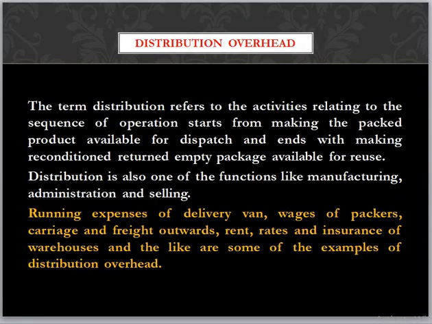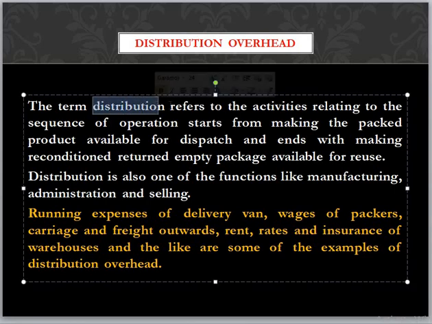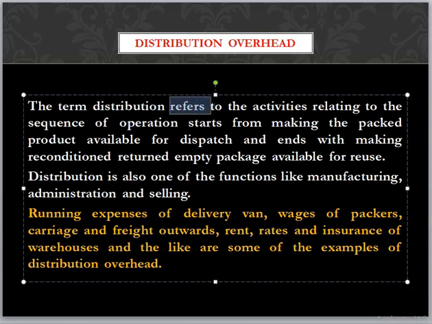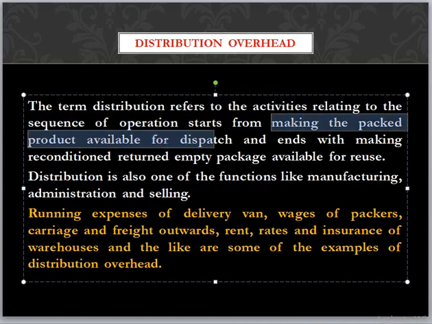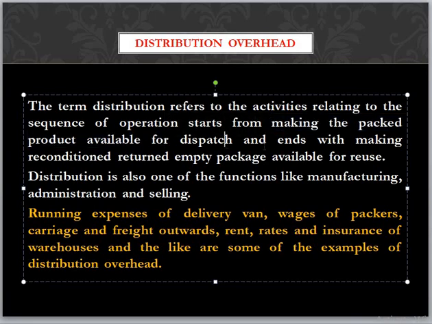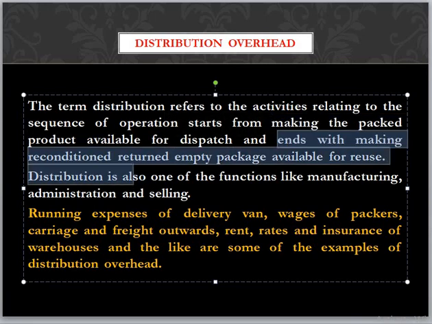And finally, distribution overhead. In order to understand distribution overhead, first of all it is important to understand the term distribution. So what is distribution? Distribution refers to the activities relating to the sequence of operations which starts from making the packed product available for dispatch and ends with making the reconditioned returned empty package available for reuse.